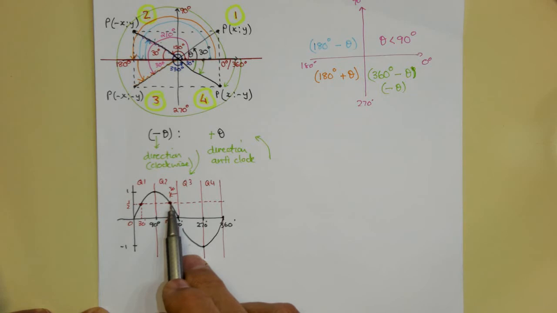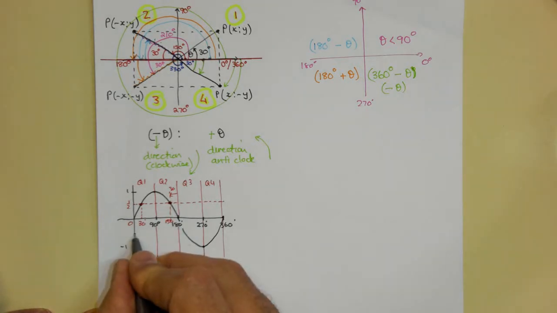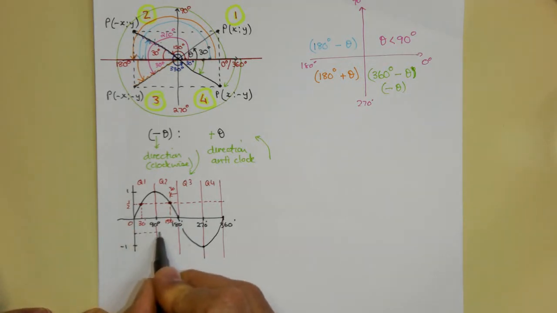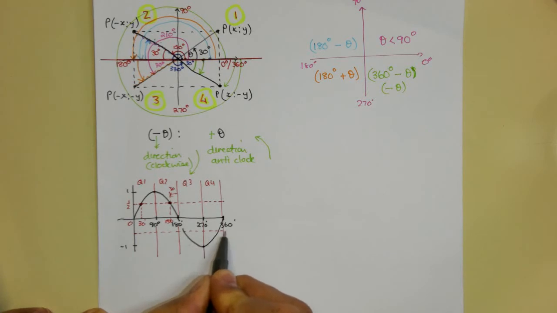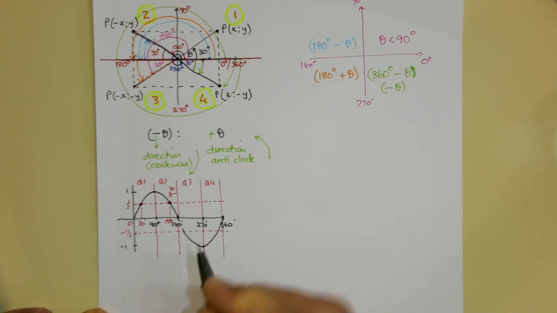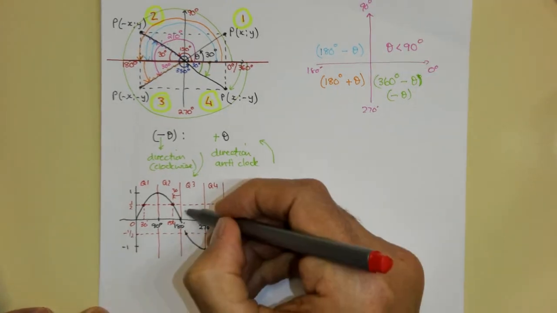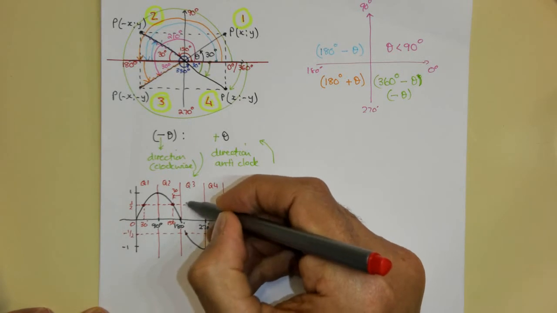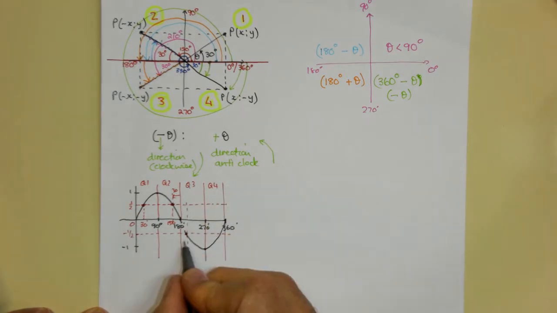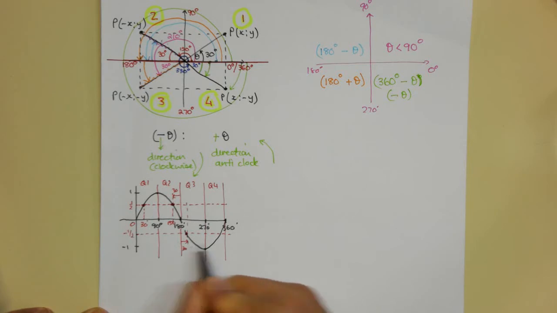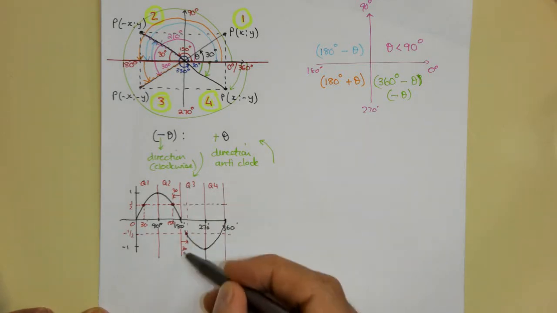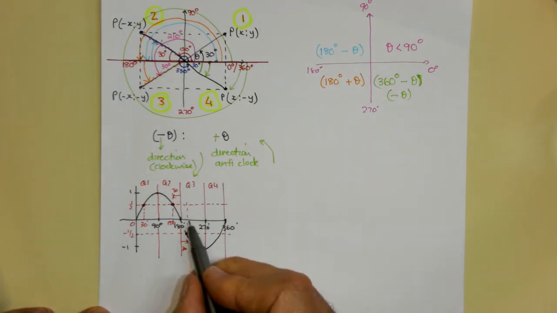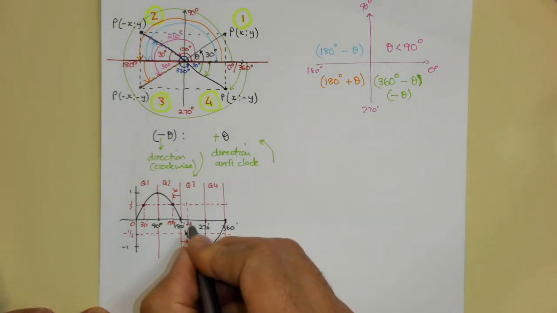The value repeats itself. If I'm looking at where sine is minus a half, okay, minus a half lies over here, and again I am at a point where I am 30 degrees further than the 180 line to get to 210, which lies over there.